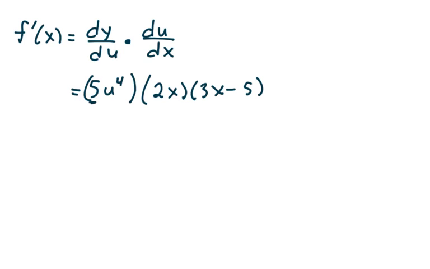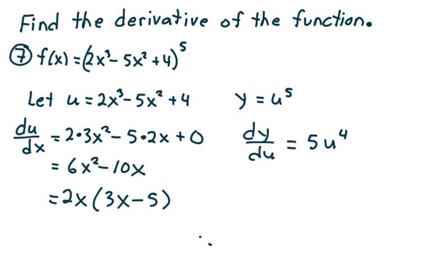Now, 5 times 2x is 10x. And remember, we have to put back what u is. Let's look back: u is 2x cubed minus 5x squared plus 4.